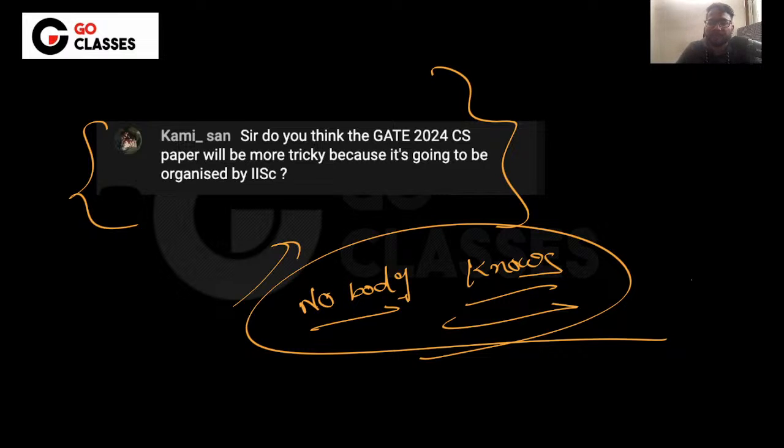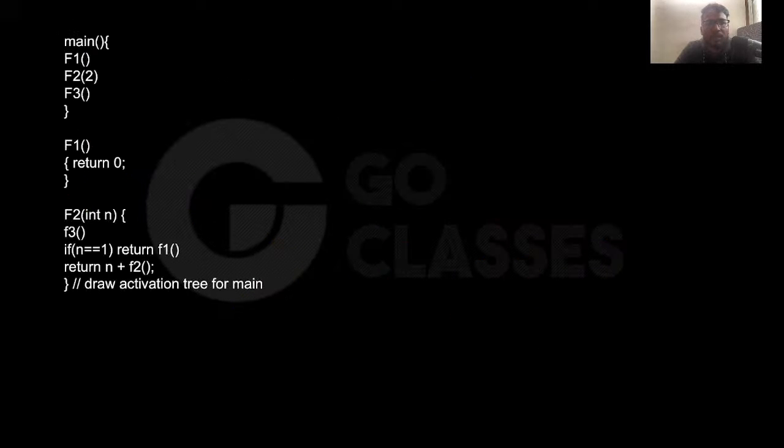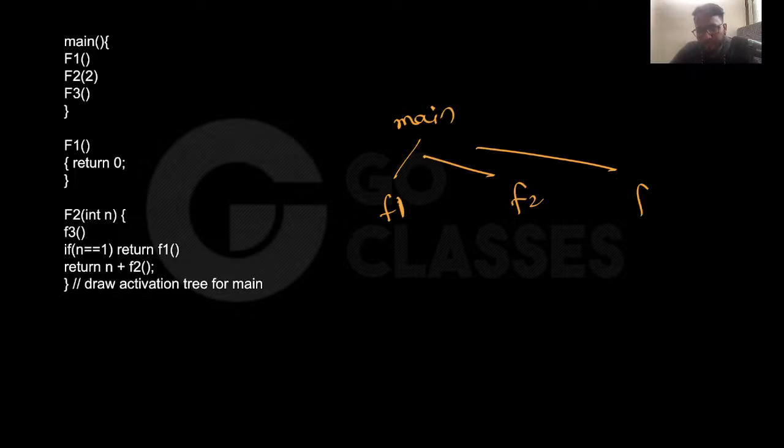Okay, so here it is plus x, right? Cool. So this was one question, which was about the activation record tree. I think that was an easy question. Main was calling F1, and then after some time it will call F2, then after some time it will call F3.